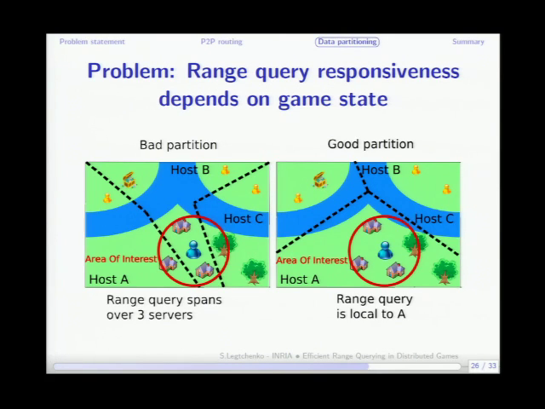And all of these queries will span 3 servers, which will incur bad performance. So a good partition of this particular game space would be to partition each zone distinctly and assign each zone to one server, so that this hotspot will be located on only one server, and range queries will therefore be very responsive.